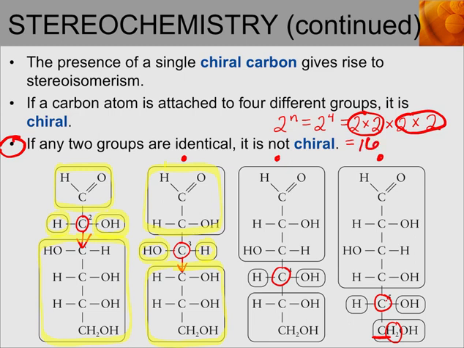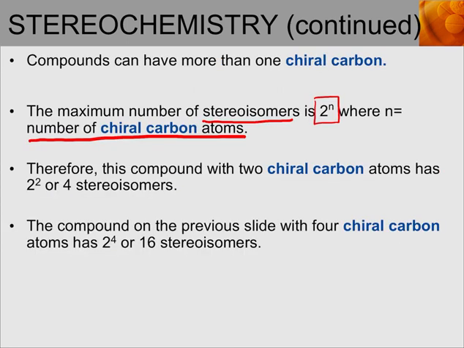So there are 16 different versions of this molecule, and those different versions just have the OH and H's flipped on each carbon. So you can imagine if we had an even longer chain, we would start to see tons of different stereoisomers. Okay, and we just did that calculation that this bullet point is talking about.